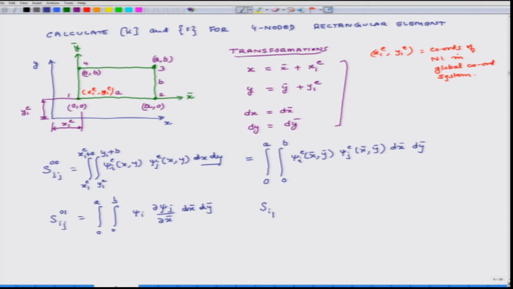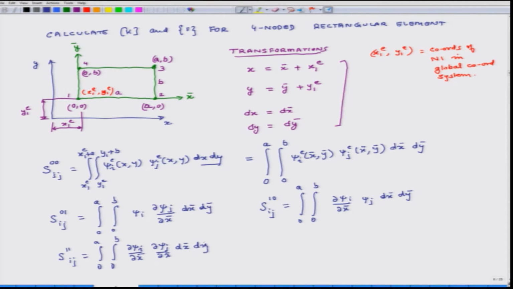Similarly, S ij 10 equals double integral 0 to a, 0 to b of del psi i over del x bar psi j dx bar dy bar, and then S ij 11 equals del psi i over del x bar del psi j over del x bar, with x bar in both places, dx bar dy bar.